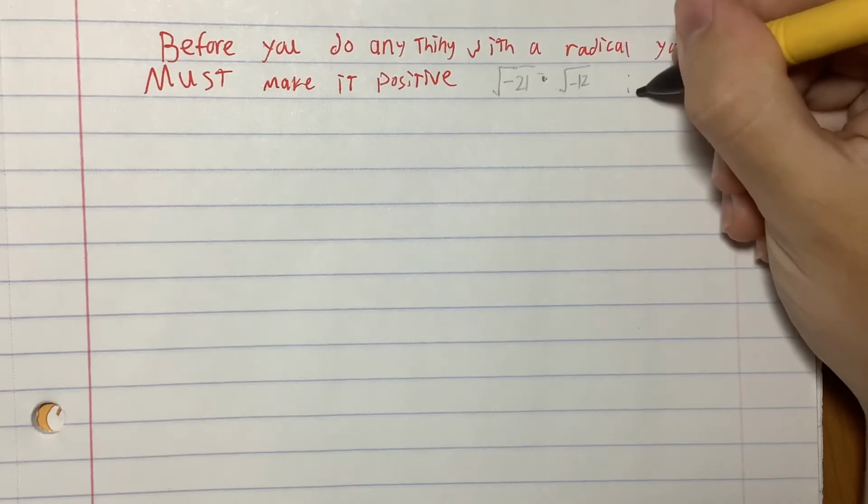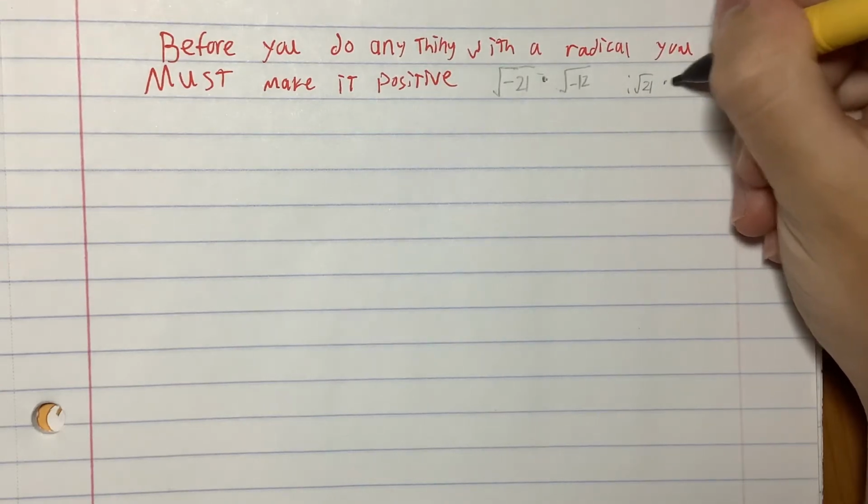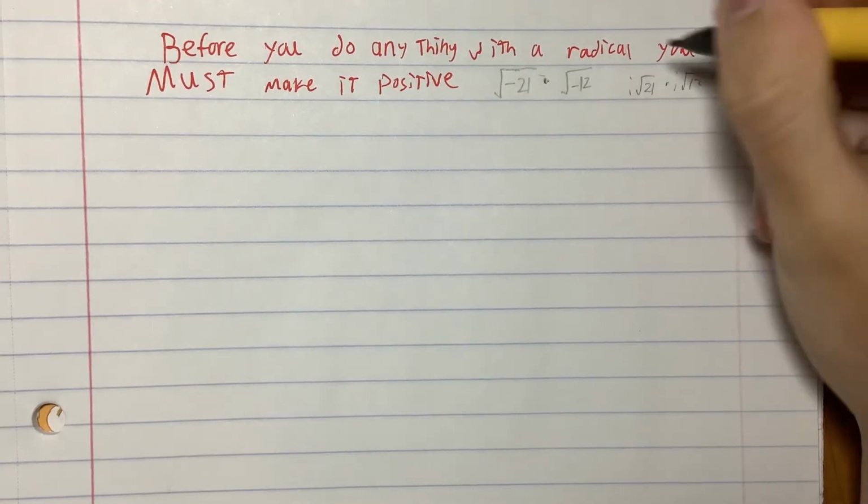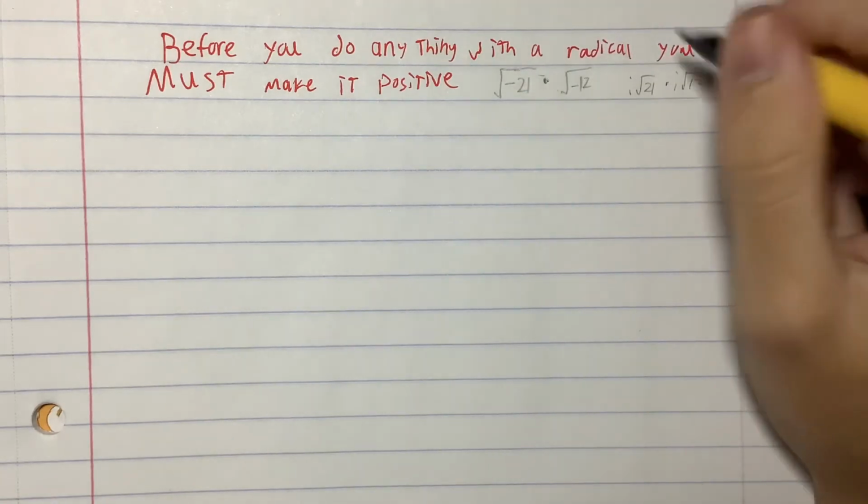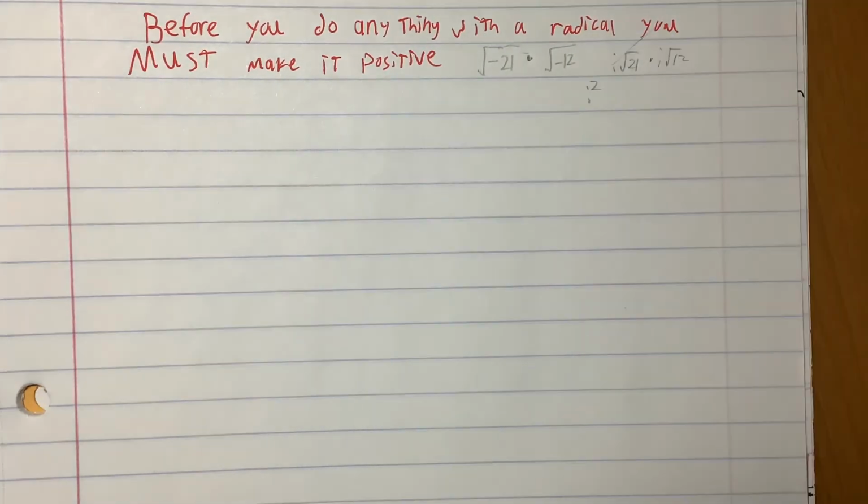So it has to be i square root of 21 times i square root of 12. You need to factor out the i before you proceed.